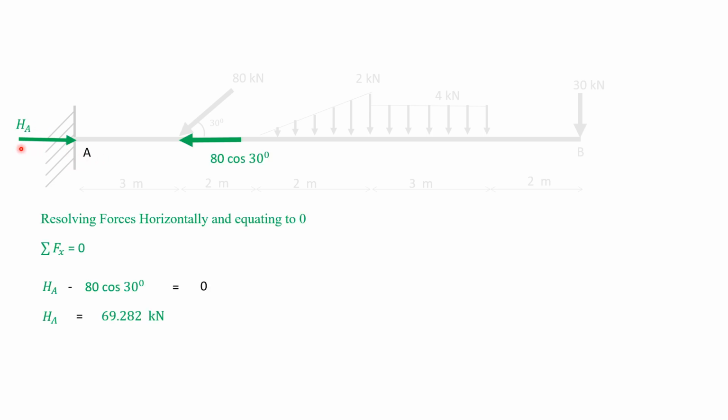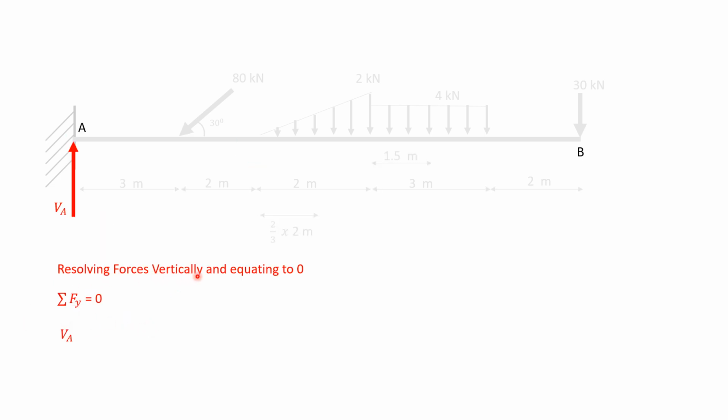Now resolving forces horizontally and equating to 0, HA is directed to positive x-axis, 80 cos 30 directed to negative x-axis, so plus HA minus 80 cos 30 equal to 0, HA equal to this value we get.